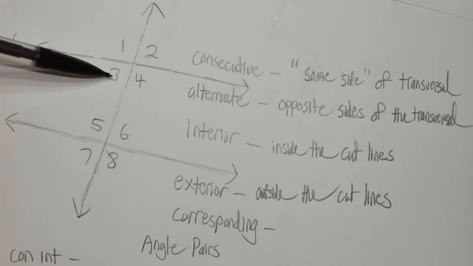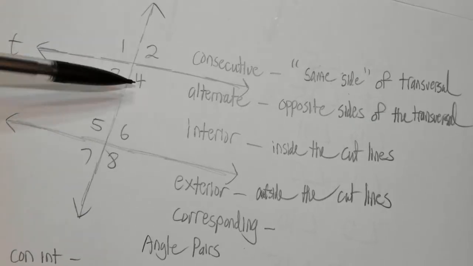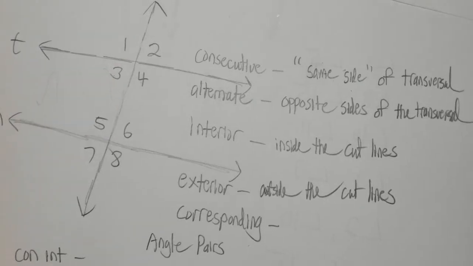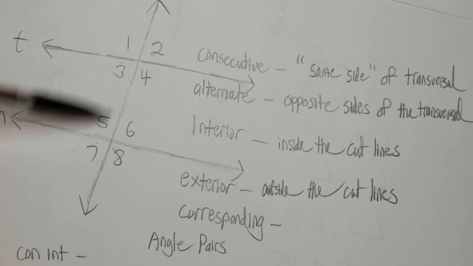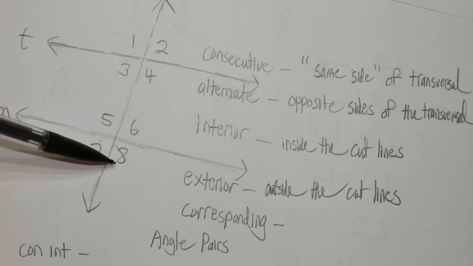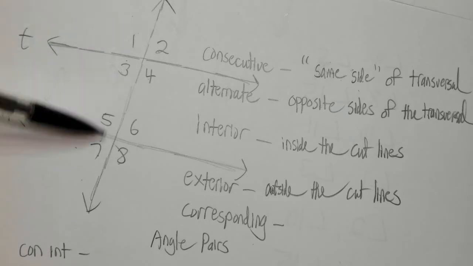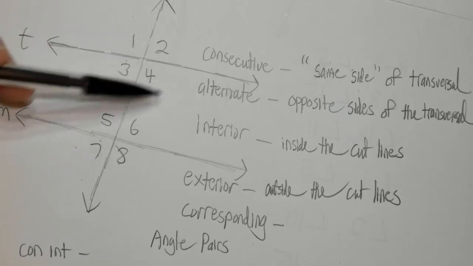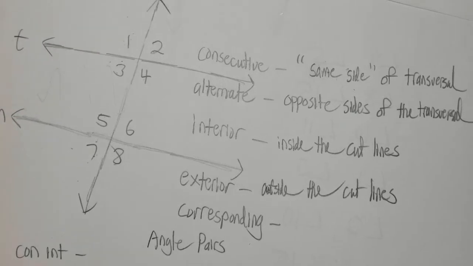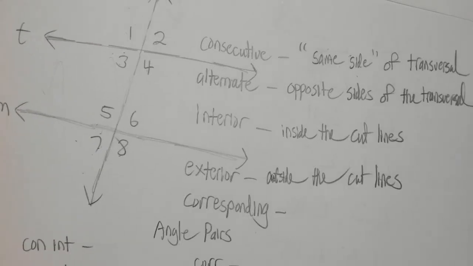So 3, 4, 5, and 6 are interior, inside of the cut lines, or inside the pipe. 1, 2, 7, and 8 would be exterior. They're outside of the cut lines, or outside of the pipe that's formed by T and M.